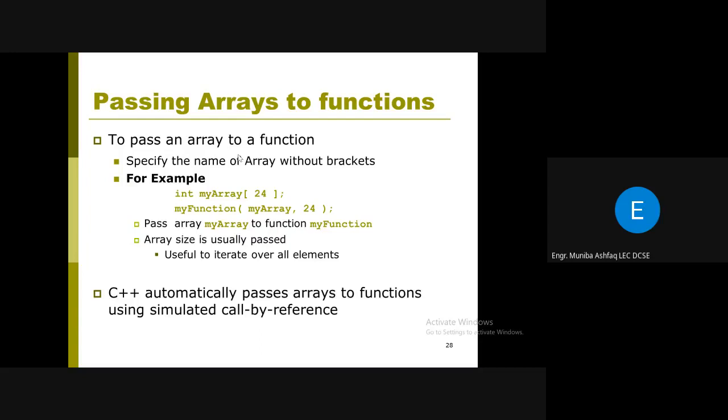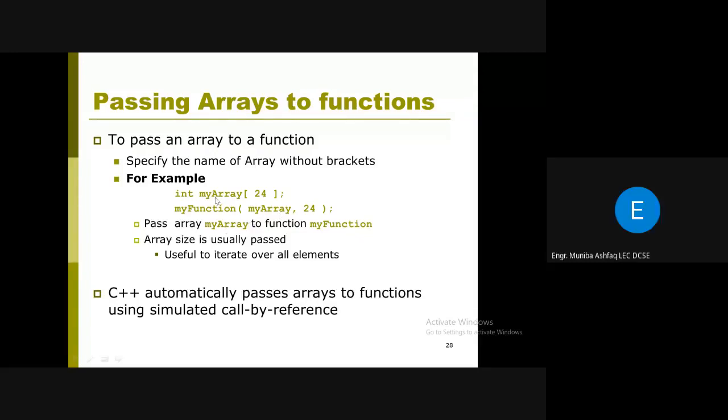So the example is here, it's written int my array 24. So it's an array of 24 integers, and my function is the function name. Let's suppose here I'm calling this function. This is a function call. Here the function name is my function, and here I'm going to pass this complete array, my array, to this function, right?